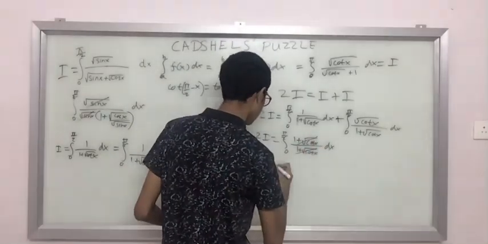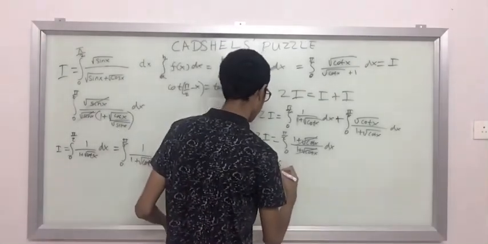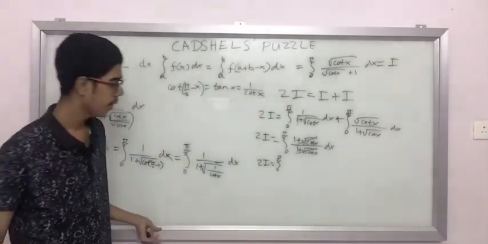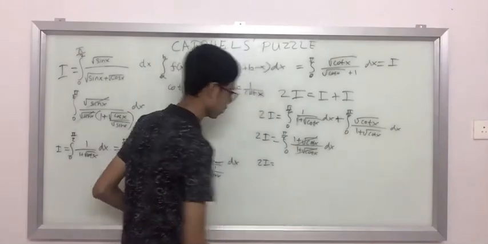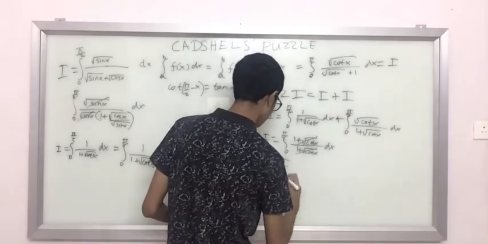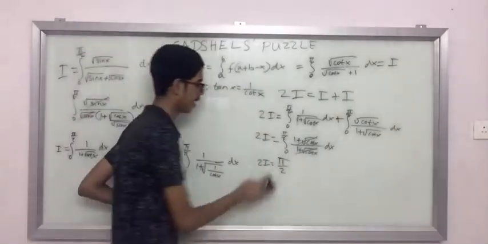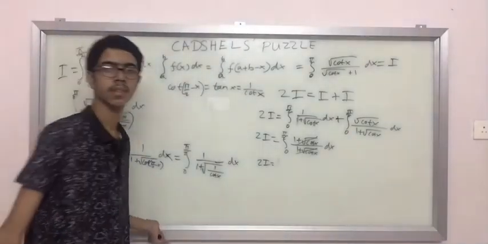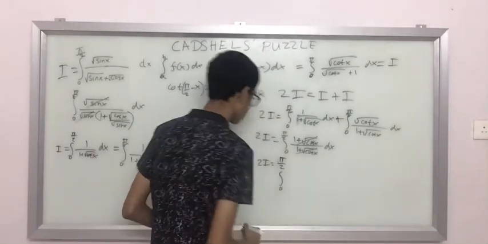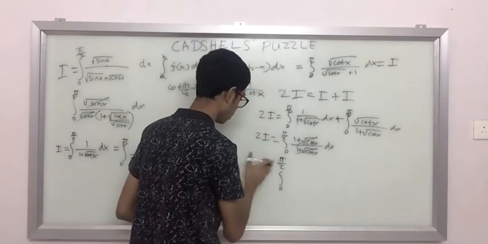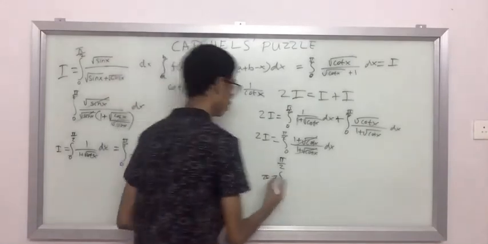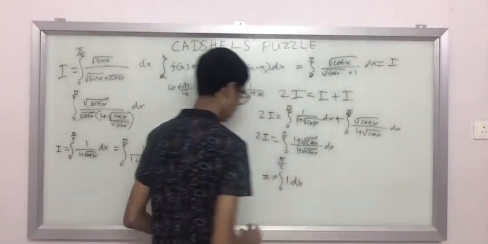That means now 2I is equal to integral from 0 to pi by 2 of 1 dx.